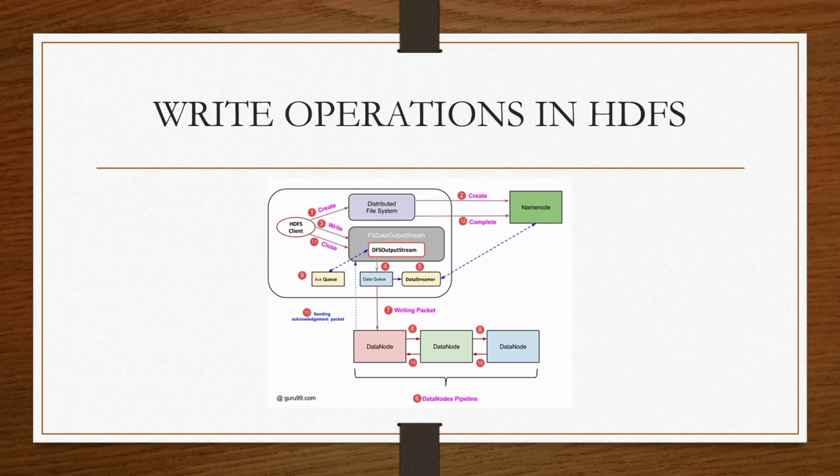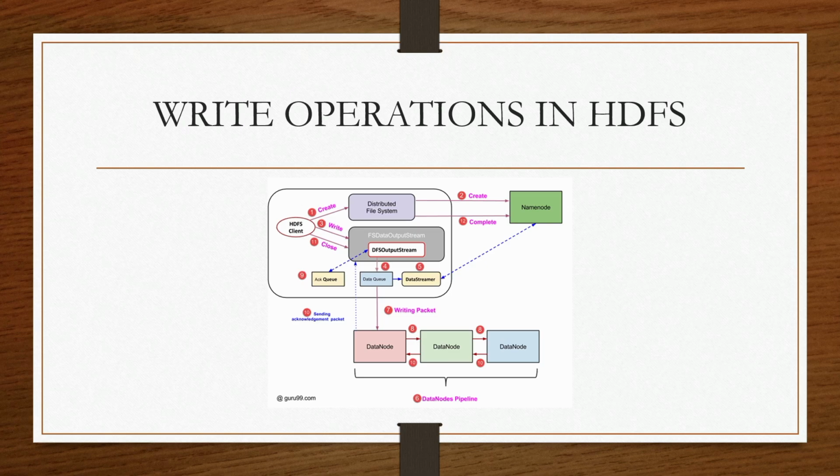These packets are enqueued in a queue called the data queue. There is one more component called the data streamer, which consumes this data queue. The data streamer also asks the NameNode for the allocation of new blocks, thereby picking desirable DataNodes to be used for the replication.